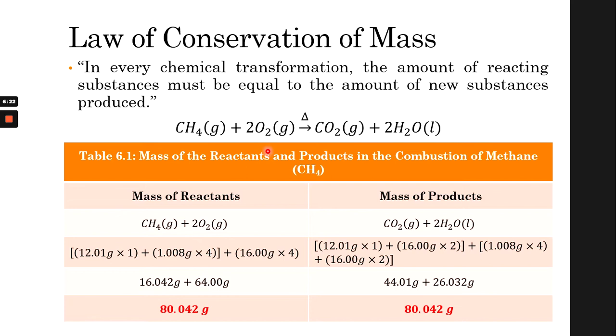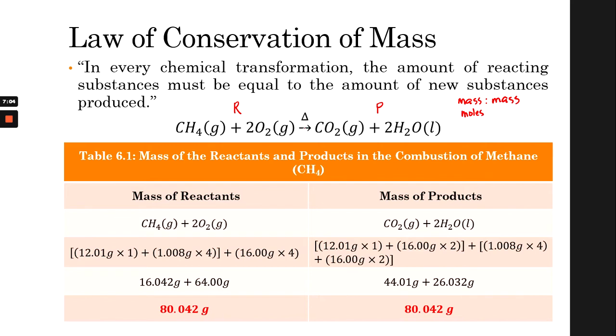So in stoichiometry, this is important because in order for us to calculate how much reactant we need in order to create a certain amount of products, or to measure how much product we are going to get from a certain amount of reactants we are given, we have to understand that there is a relationship between our reactants and our products. And this relationship can either be in mass to mass, so the mass of your reactants is equal to the mass of your product, or it can also be in terms of moles.